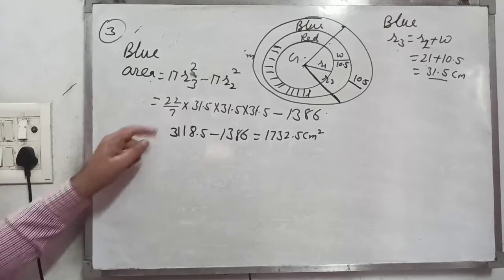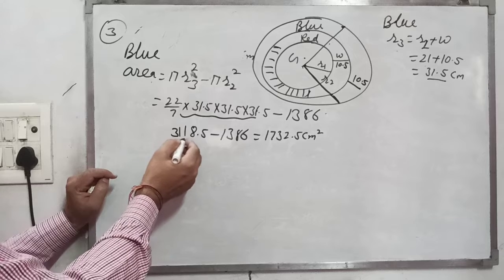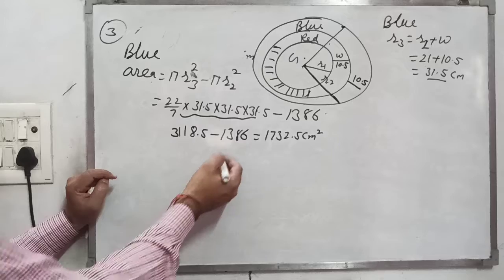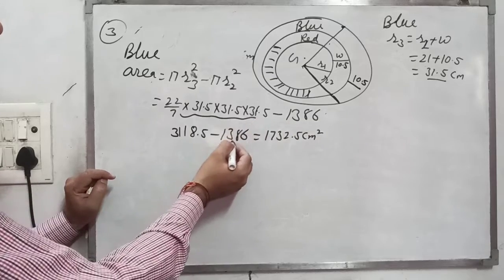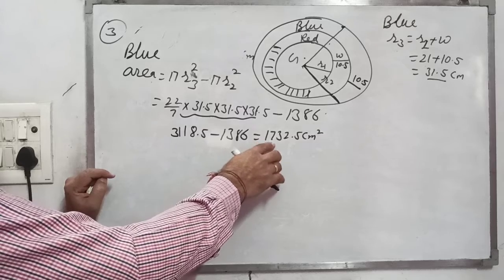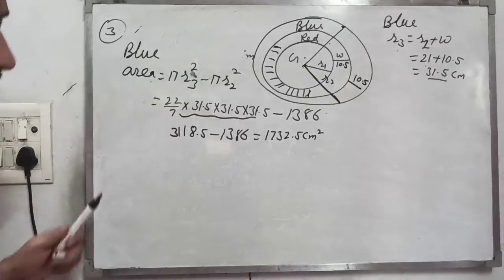When you solve this, you find 3118.5, and subtracting the previous area, 1386, it becomes 1732.5 centimeter square. Right? So come to the next question.